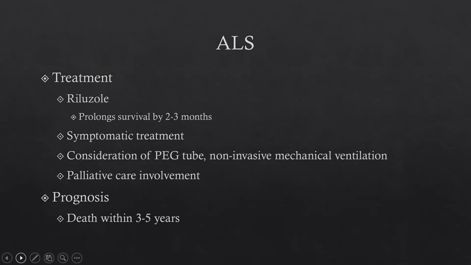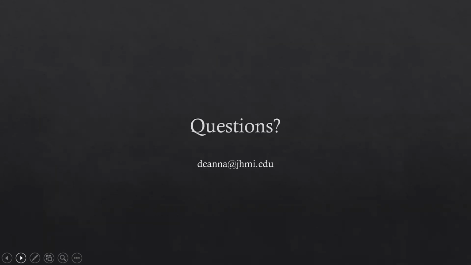And similarly, if you look at progressive muscular atrophy and progressive bulbar palsy, your time course might be within the 3 to 5 year prognosis period highlighted there.